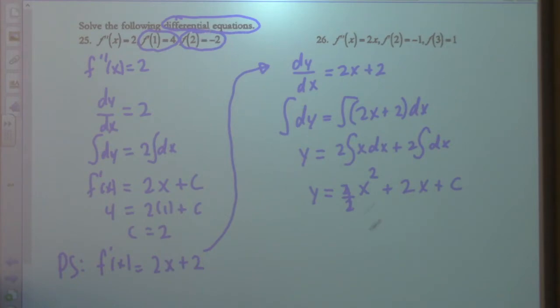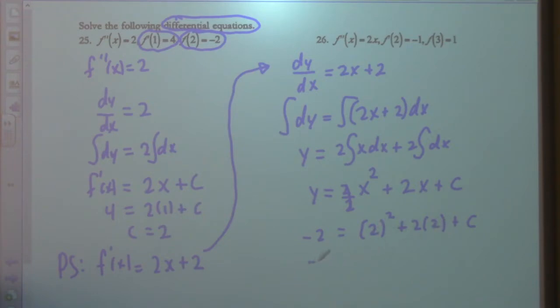And then plug in f of 2 equals negative 2. So we have negative 2 is equal to 2 squared plus 2 times 2 plus c. And so that's 8, isn't it? Is that 8? Yeah.